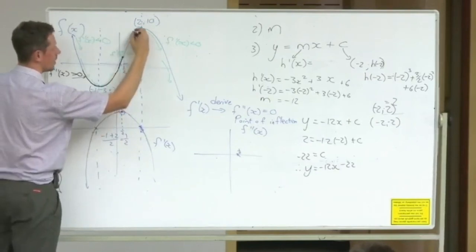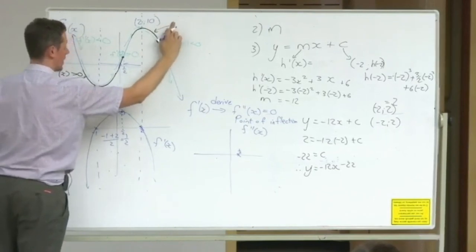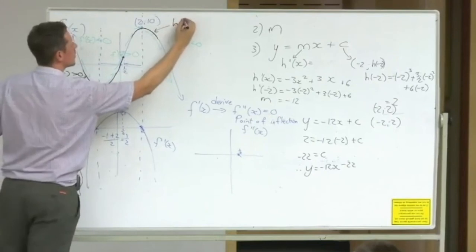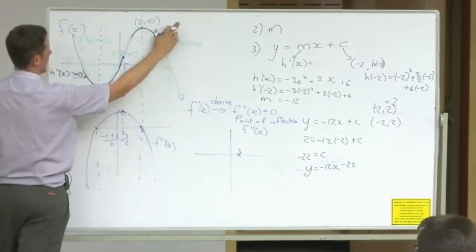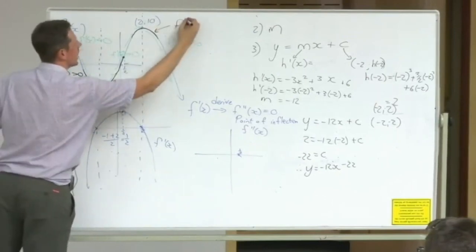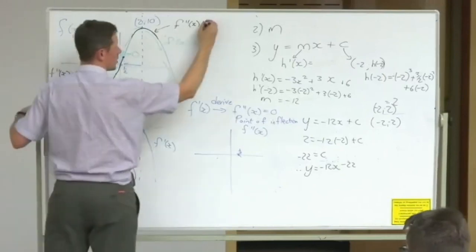And then here, why am I doing F? It's H. Okay, oh, I named it H, sorry. So h''(x) is less than naught.